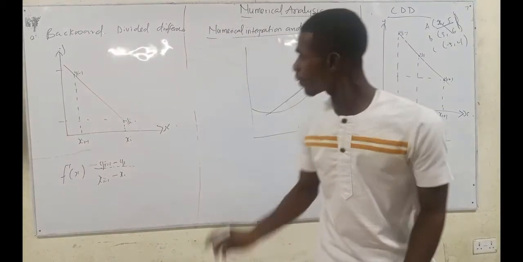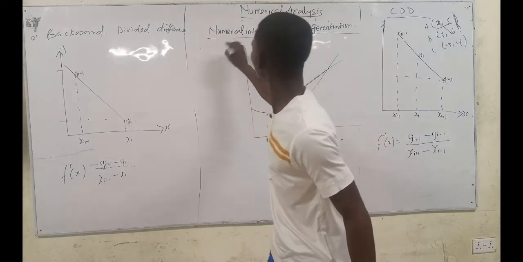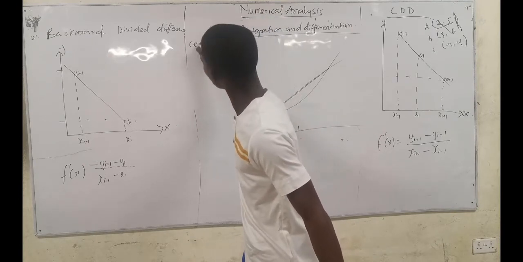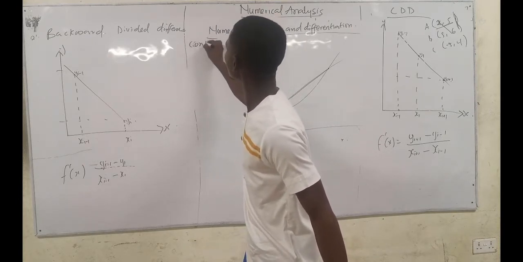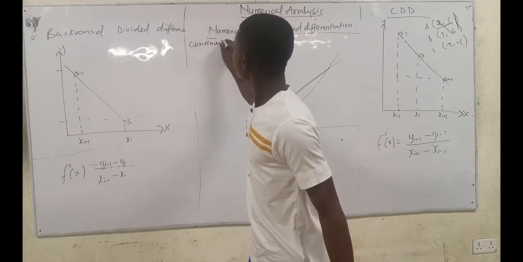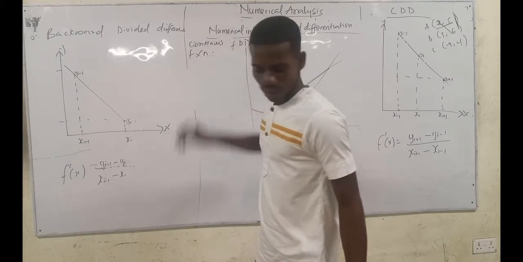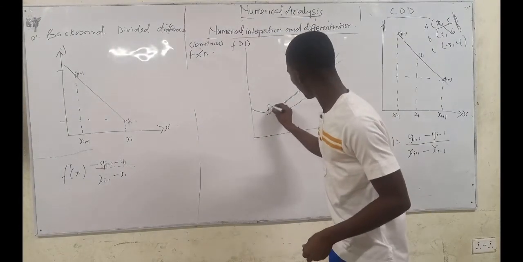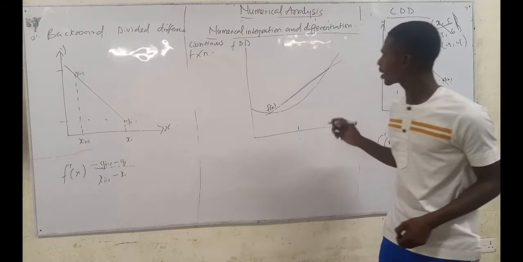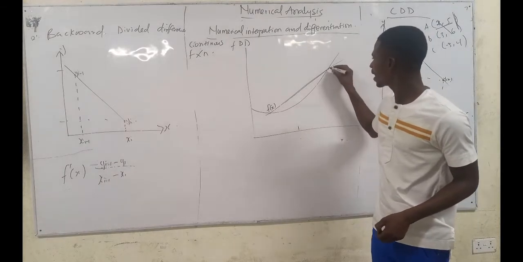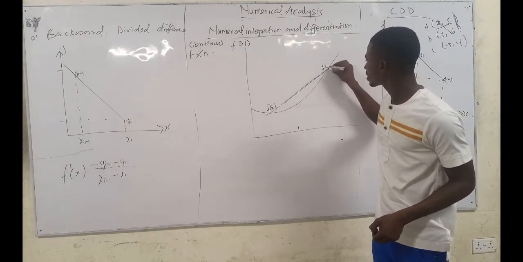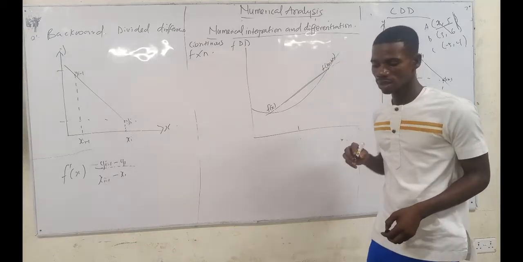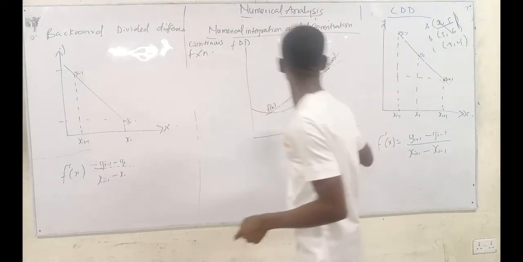So if you have the forward divided difference on the continuous function, that's the FDD. This one is the forward divided difference. This one is called the continuous function. So if we have this, we know here to be our f of x, and here is our f of x plus change in x.